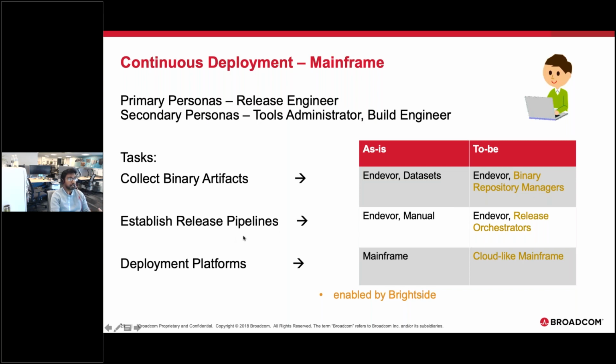From a release pipeline perspective, it could be manual or built into Endeavor. They'll continue to use Endeavor for the staging process, but they may also introduce new release orchestration tools that we'll talk about. And then finally, deployment platforms. Obviously, they're using Mainframe today, and they're going to continue to use Mainframe, but they'll likely do it in more of a cloud-like fashion from an interaction perspective.